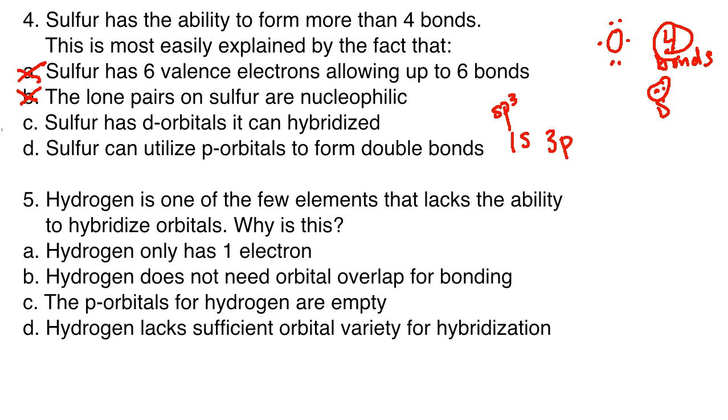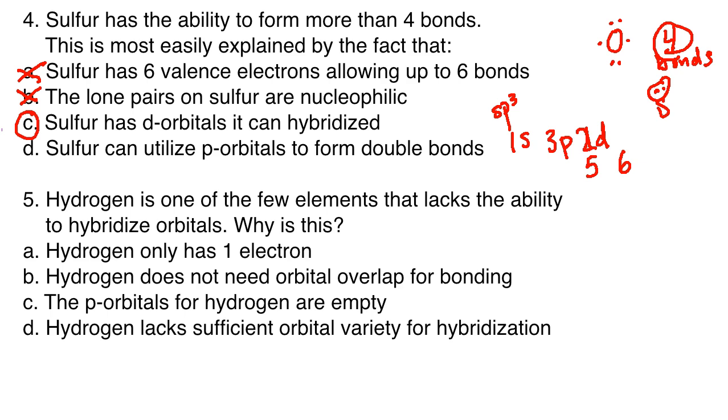That's a total of 4 hybrid orbitals that contain electrons. I need d in order to start going beyond that. So if I brought in 1d to the hybridization process, I'd have a total of 5. If I brought in 2d, then I would have a total of 6. And so this is the best explanation here.